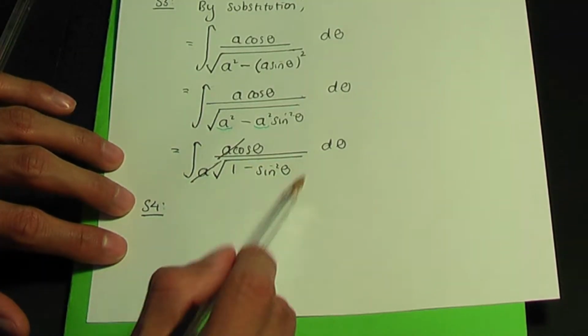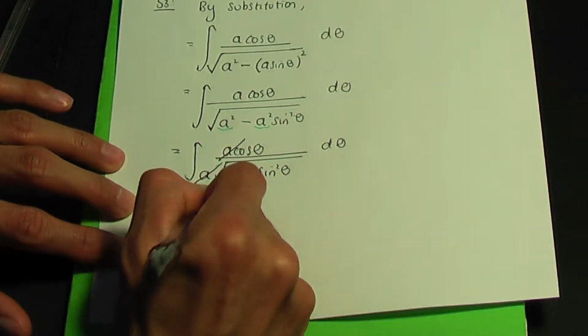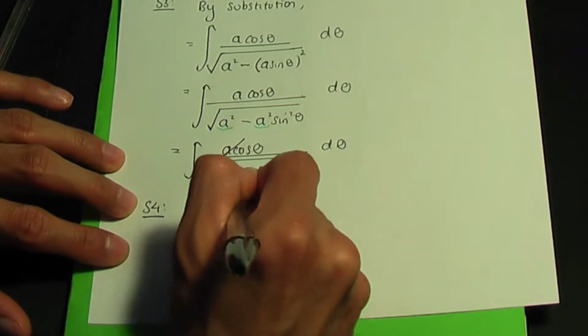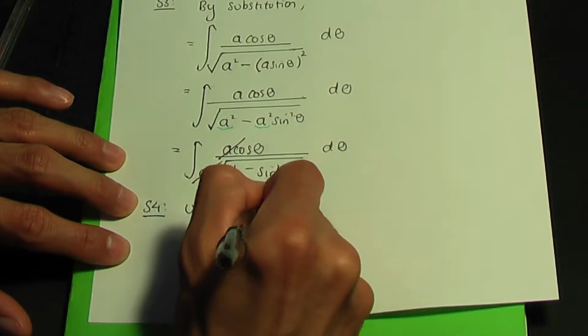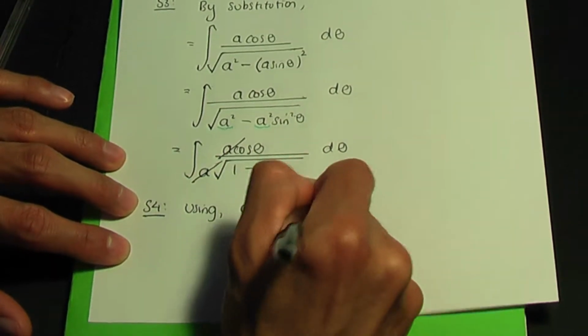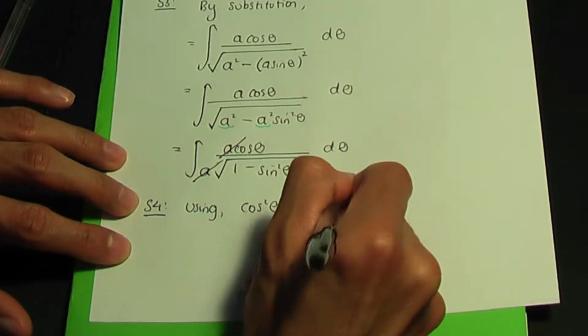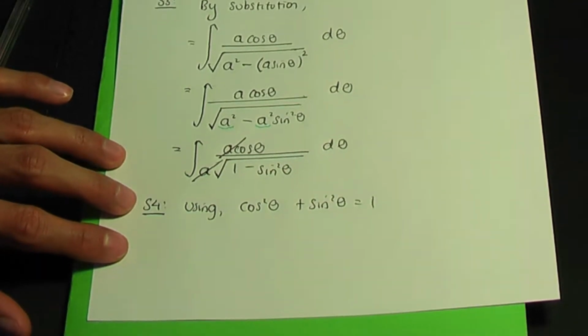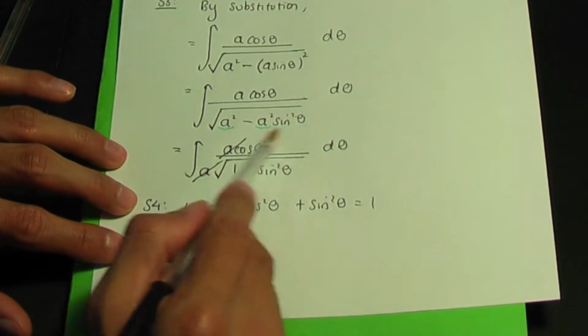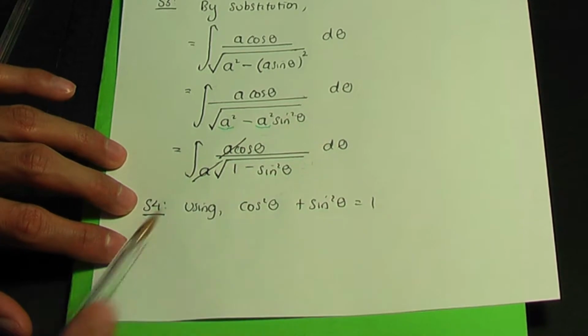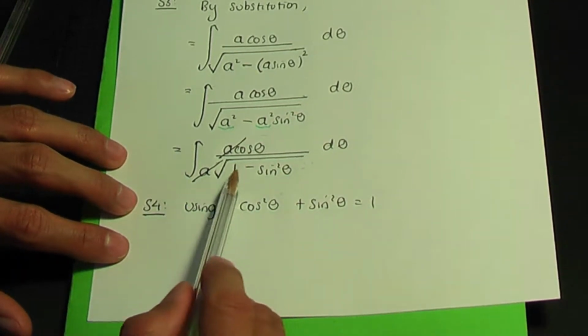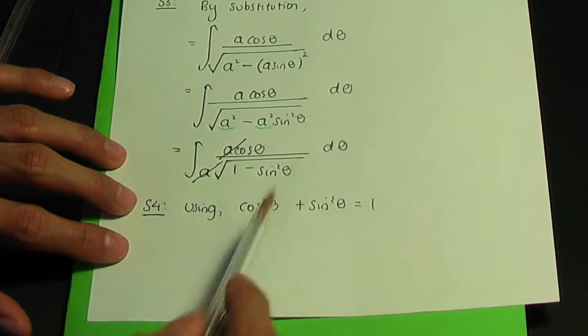I have a root term over here, so we're going to be using an identity to help us. The identity at this moment, we can use, is cos squared theta plus sine squared theta is equal to 1, in order to help us simplify the term within the integral, specifically this root term here.